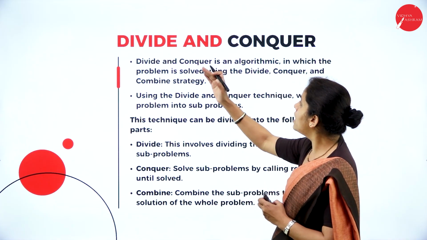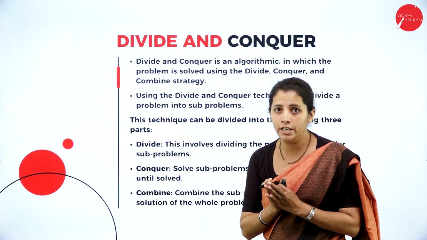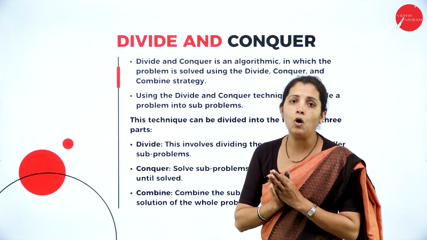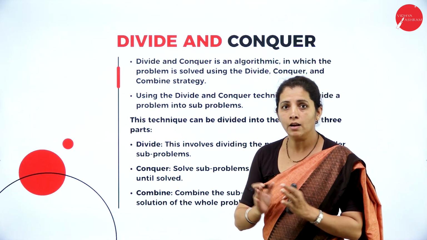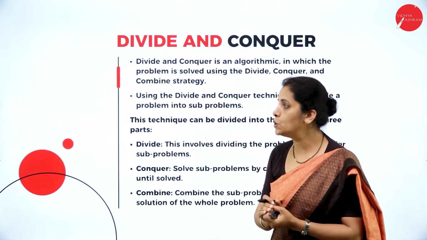So what is divide and conquer? As the name itself indicates, divide the given problem or task into a number of subtasks and conquer the modules in order to get the final solution.